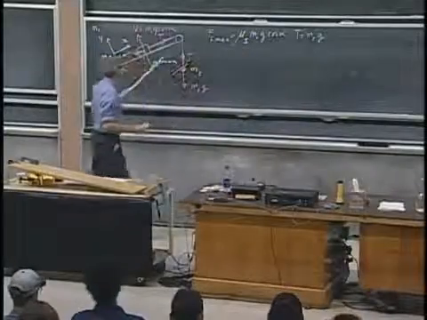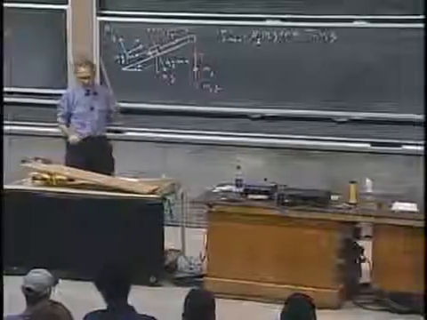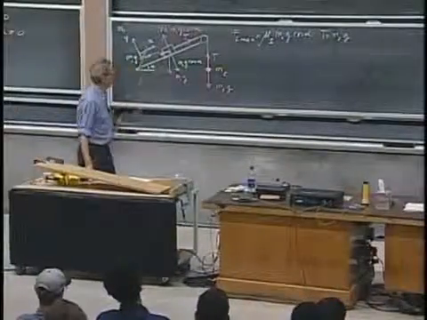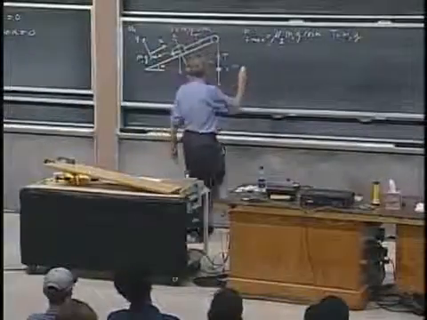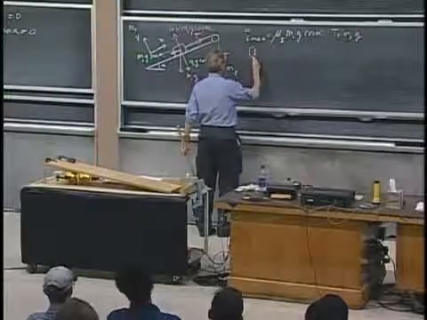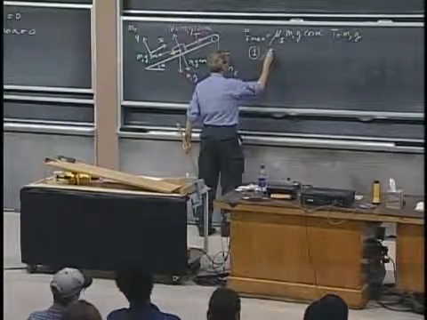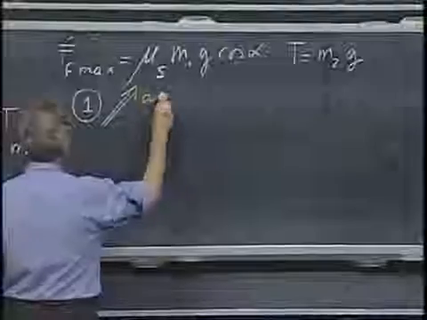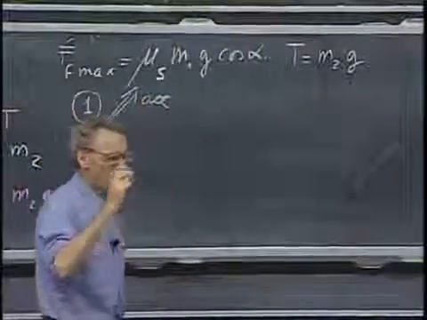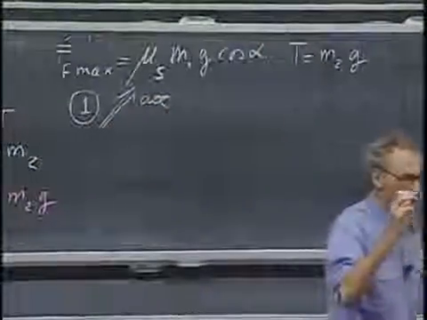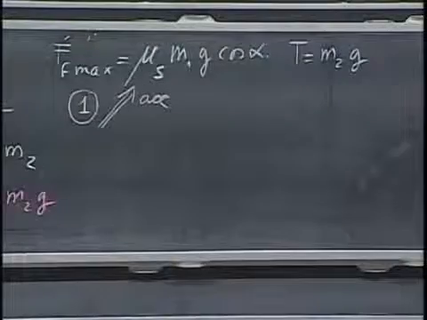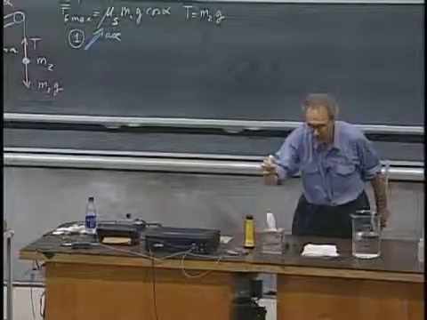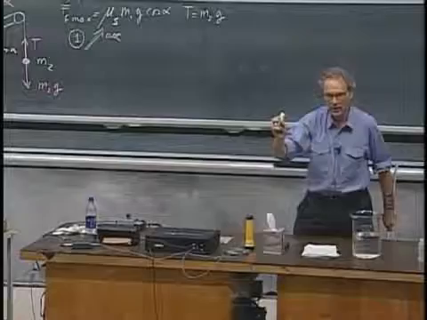It's this T as well as that T. Now I have to start splitting in the following situation. My first option is that I make the assumption that the system is just about to start accelerating upwards. It isn't doing it yet. It is just about to do that.